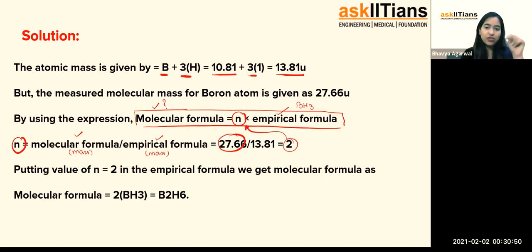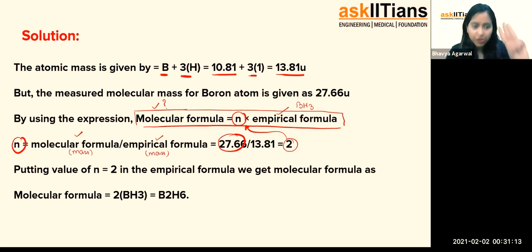So 2 into BH3 means 2. Whenever I multiply any formula with some number, it means each of the atoms is multiplied with that number. There is one boron; previously it was 1, so it will be twice, 2 borons.